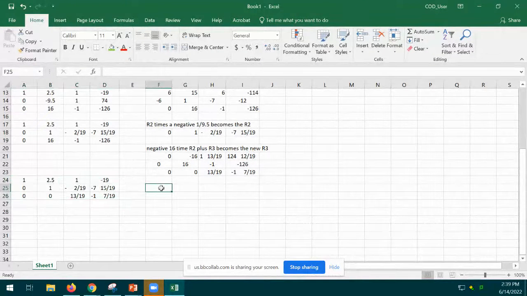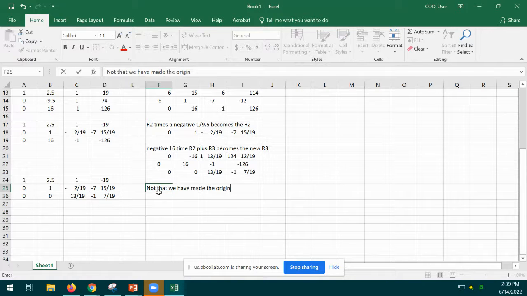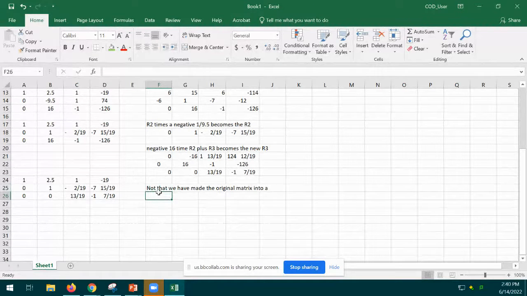Okay, and I'm going to make some notes here, and I'm going to say note that we have made the original matrix into an upper triangular matrix.